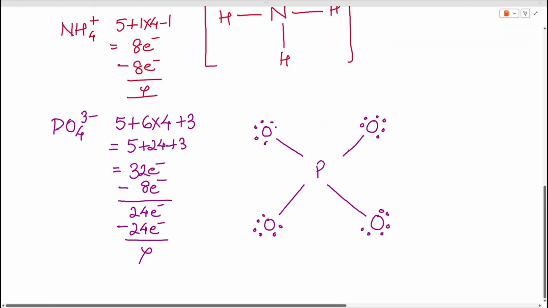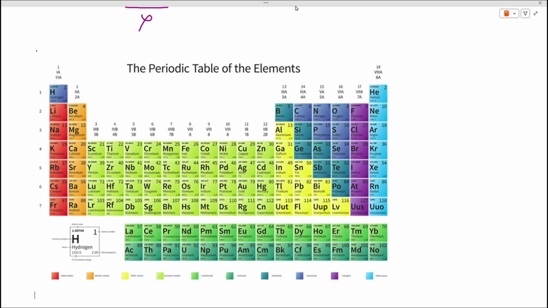phosphorus seems to have completed its octet, from the periodic table you can see that phosphorus is placed over here. Because it is below nitrogen, nitrogen can form only 3 bonds, but phosphorus has a tendency to form all 5 bonds; all the 5 valence electrons which it has, it can share.